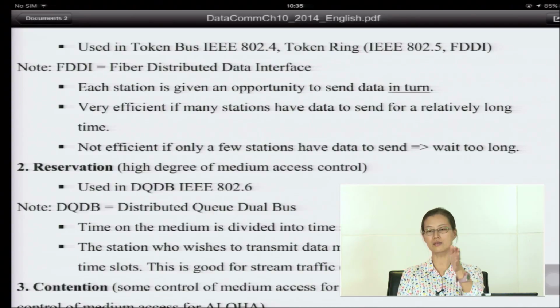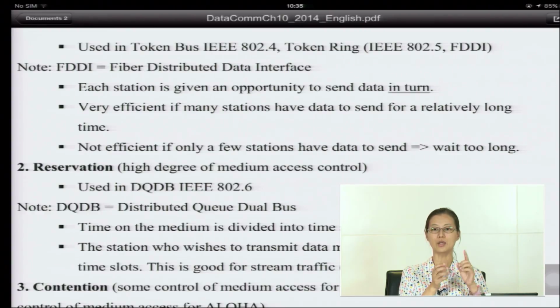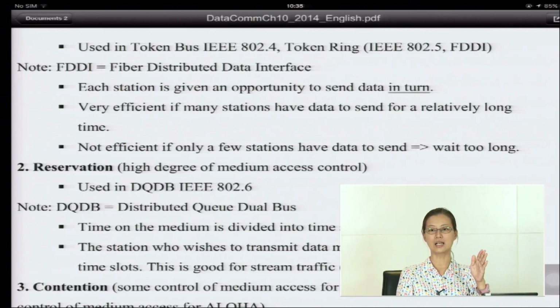So if almost all of them want to speak, this is good. But if only the first one wants to speak and the rest don't, this is not good. Because when the first user transmits one frame, it has to ask the second one, do you want to send?